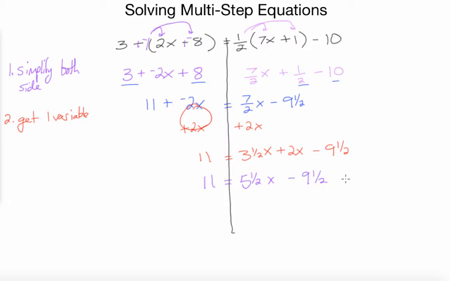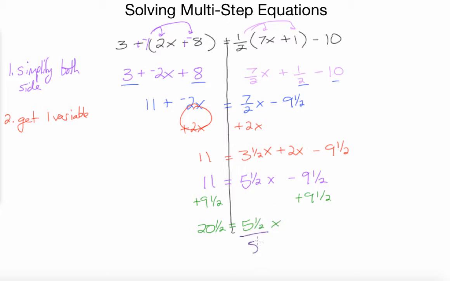So a little half fractions going on, but it's not so bad. Okay, let's add 9.5 to both sides. So now I've got 11 plus 9 is 20 plus 1/2 is 20.5 is equal to 5.5x.